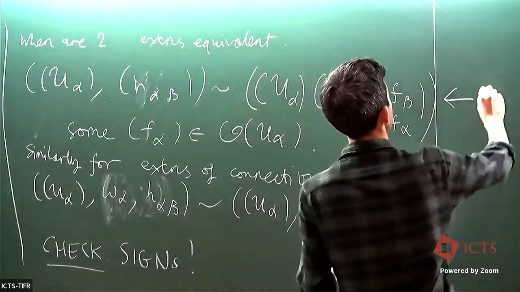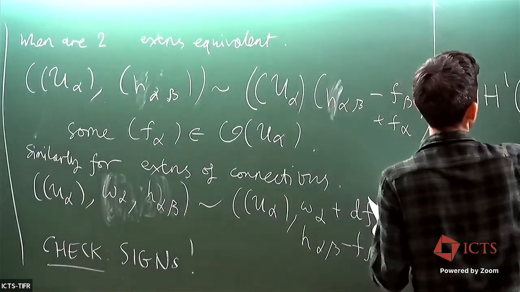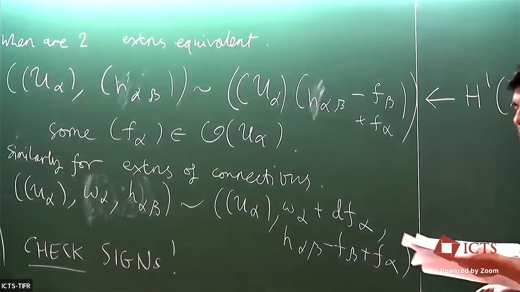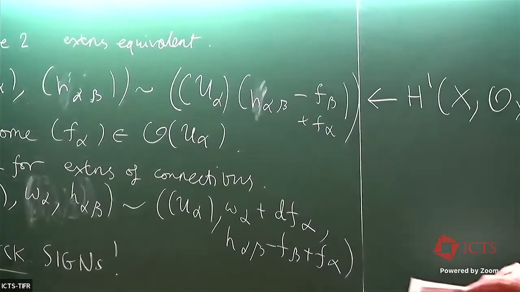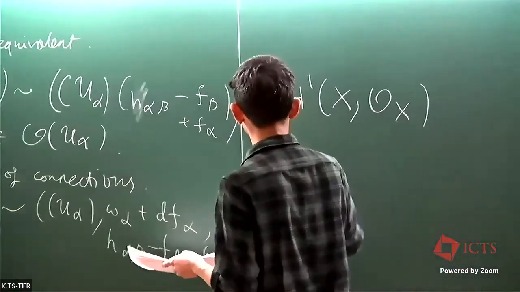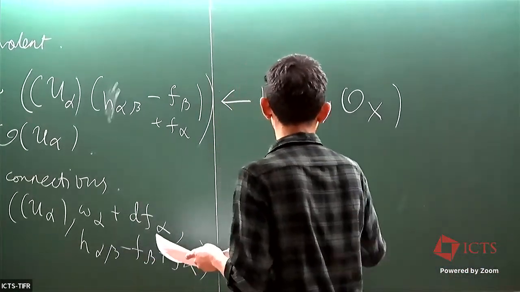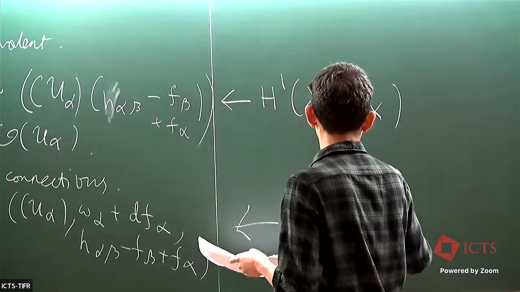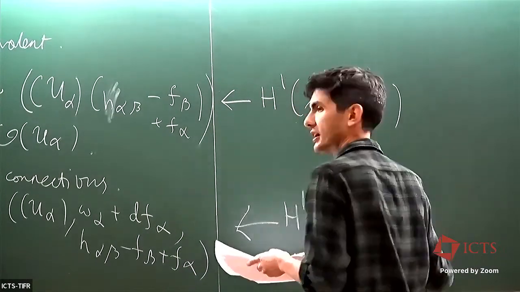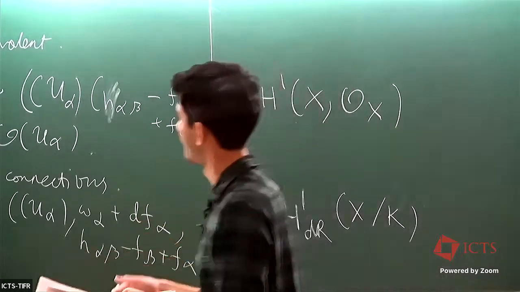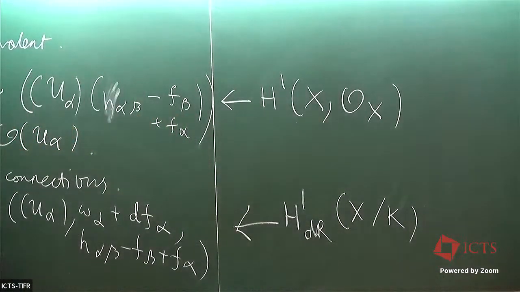So this is exactly the computation of H1 of O_X by the description of it in terms of Čech cocycles. And similarly, this is the description of H1 de Rham of X over K in terms of Čech cocycles. So that's the explicit form of this isomorphism.